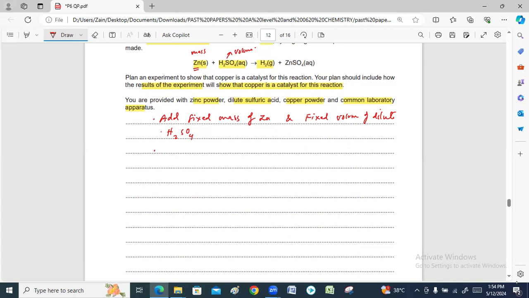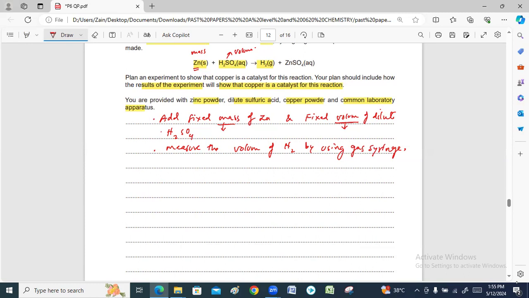Then, if we mix these two reagents, hydrogen gas will be produced. So the next point is to measure the volume of hydrogen gas by using a gas syringe. Here, to measure the mass, you can use the balance, and for volume, you can use the pipette or burette.